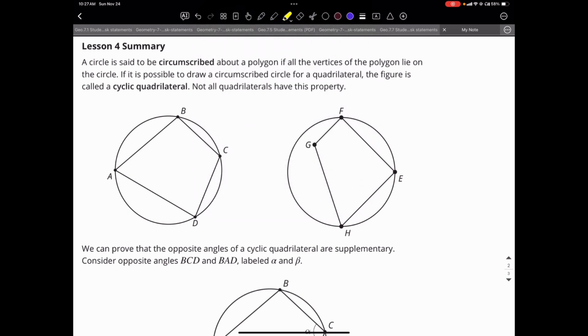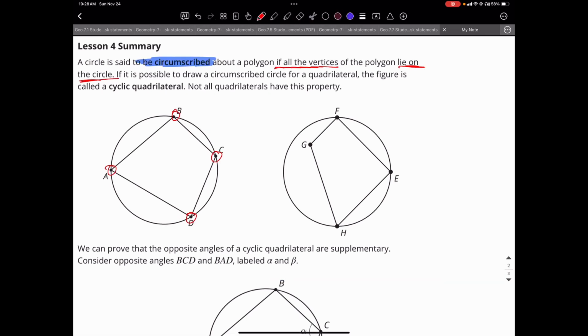So a circle is said to be circumscribed about a polygon if, let me underline that, if all the vertices of the polygon lie on the circle. For instance, this one, all those vertices are on the actual circle. So therefore, it's considered to be circumscribed.